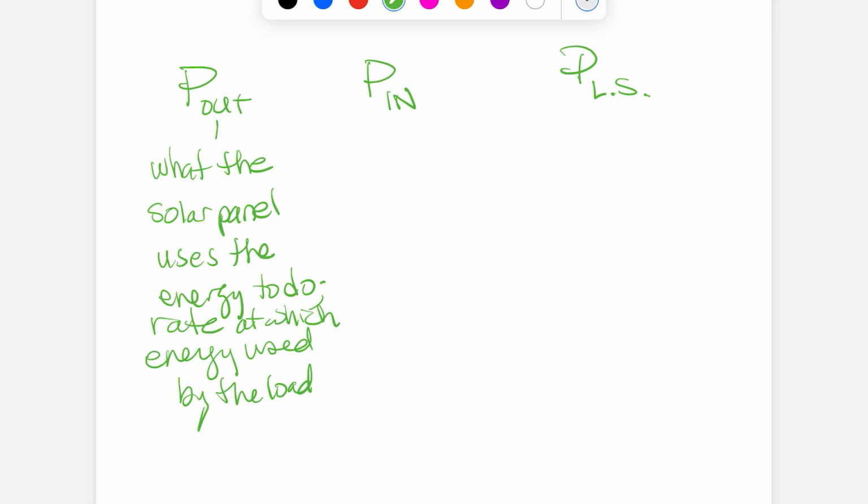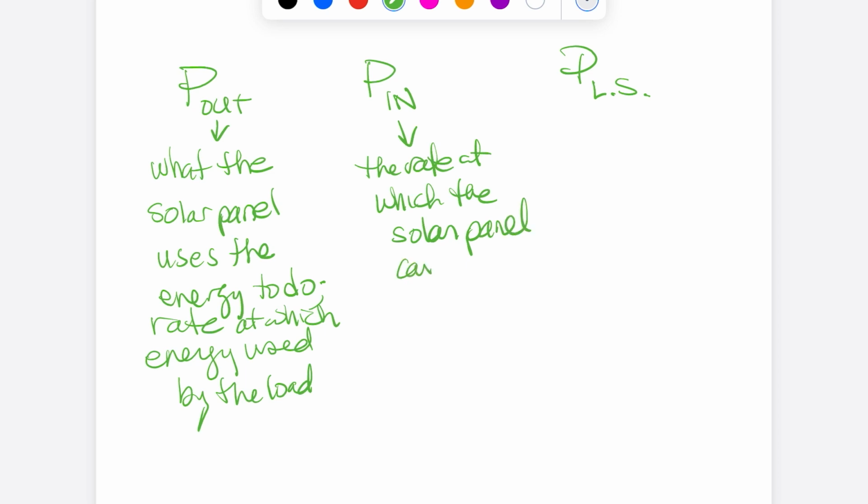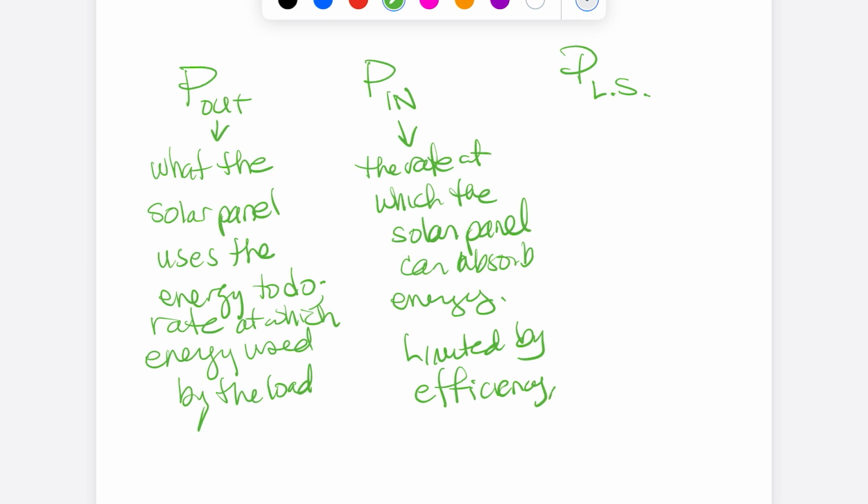Okay. Power in is the rate at which the solar panel can absorb energy. And this is limited by the efficiency of the panel and the surface area of the panel. Doesn't that make sense? And the intensity it's receiving.